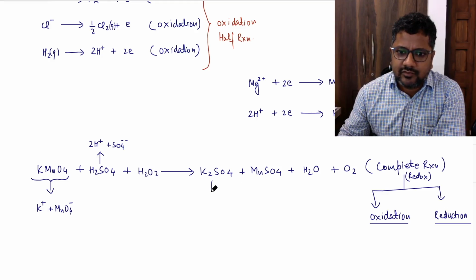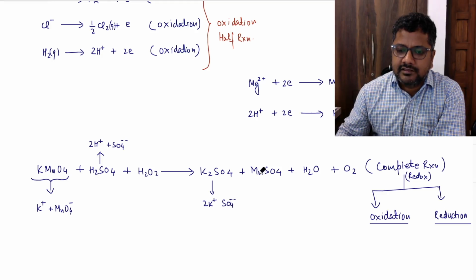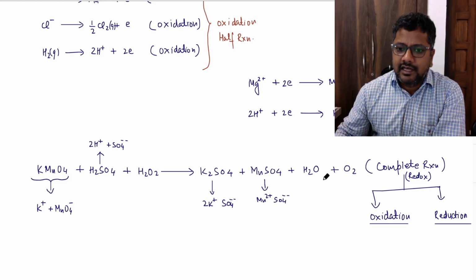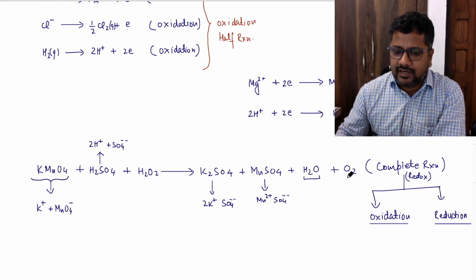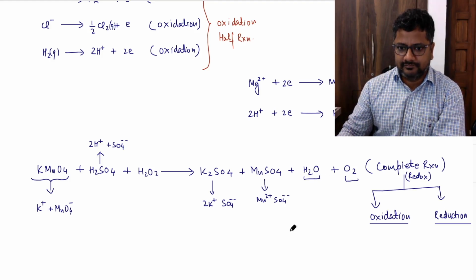K2SO4 exists as 2K plus and SO4 2 minus. MnSO4 exists as Mn2 plus and SO4 2 minus. H2O is the molecular form and O2 is in molecular form.